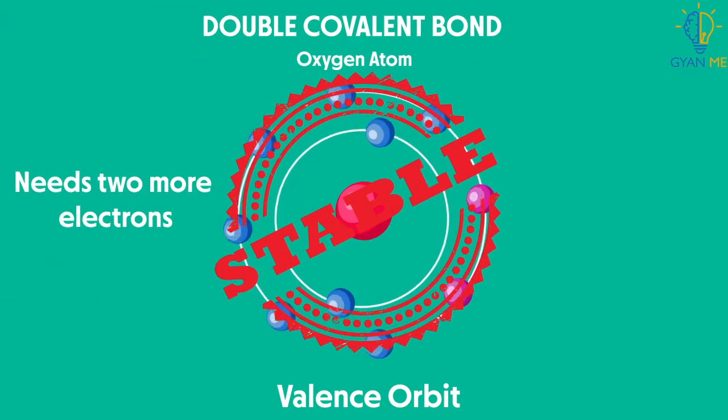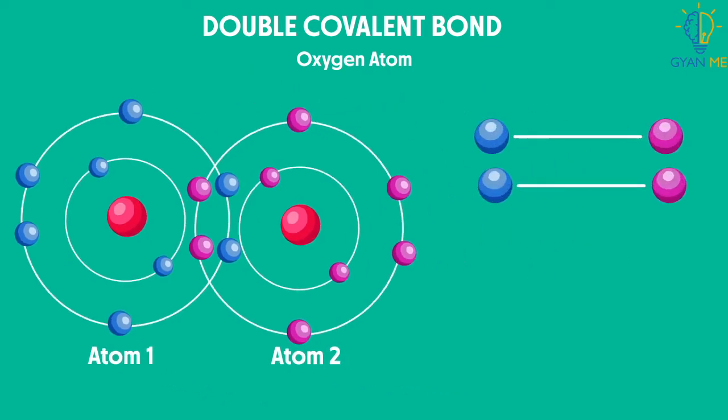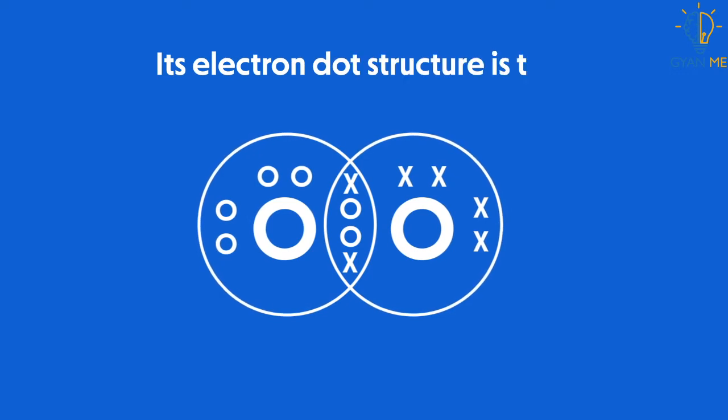Thus, the oxygen atom needs 2 more electrons to complete the octet and become stable. So this oxygen atom shares 2 valence electrons with another oxygen atom. This forms a covalent bond between the oxygen atoms, resulting in the formation of the oxygen molecule O2. Its electron dot structure is this.